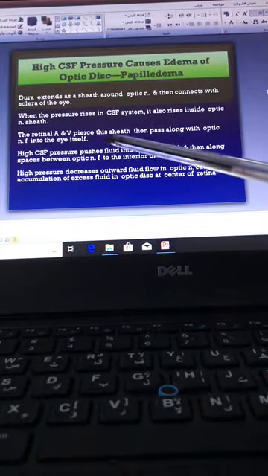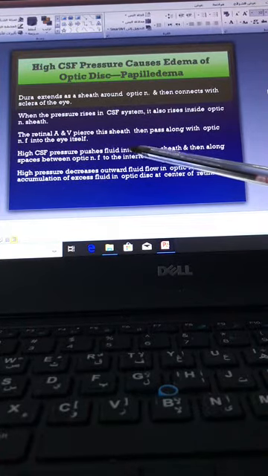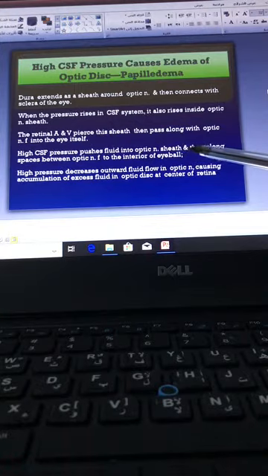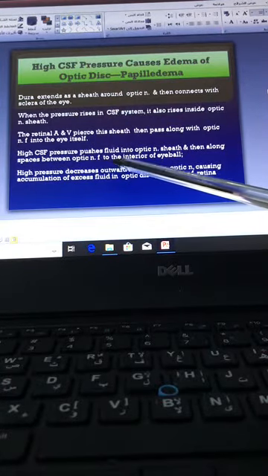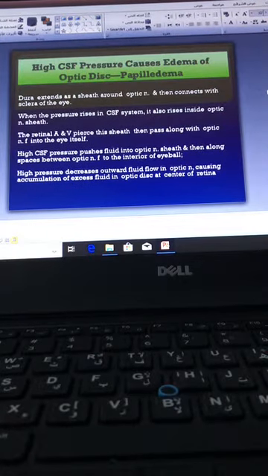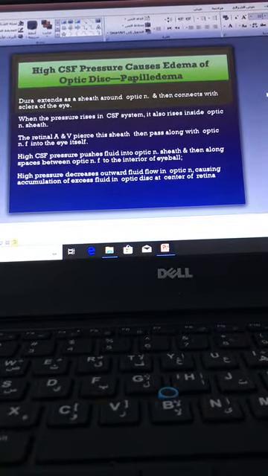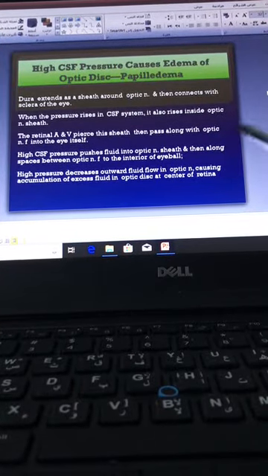High CSF pressure pushes fluid into the optic nerve sheath and then along the spaces between optic nerve fibers to the interior of the eyeball. It gradually moves from the CSF outside the orbit toward the optic nerve through the dura mater, and then to the fibers, and edema forms around the nerve.